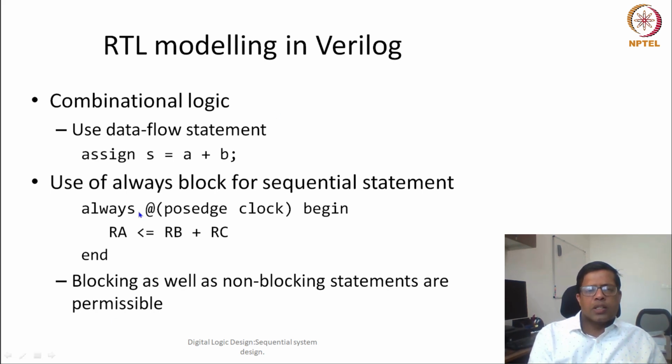Or there could be another always block which is just calculating when operation scheduling is happening, or when a particular operation can be executed. Okay, so this is the overall overview of RTL modeling. Now to understand it further, let's try to understand it with one example.